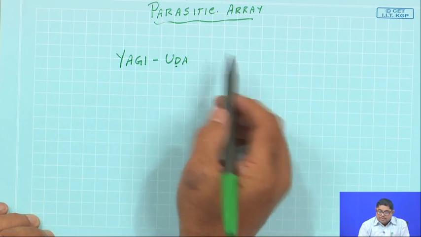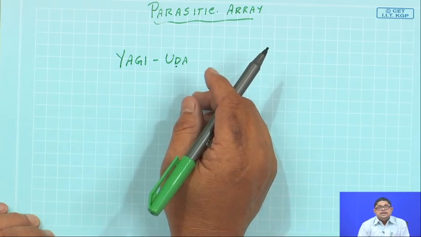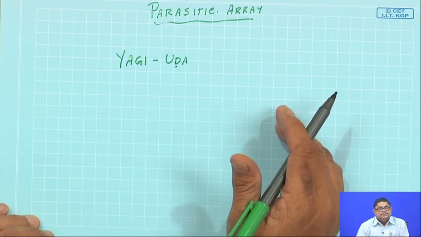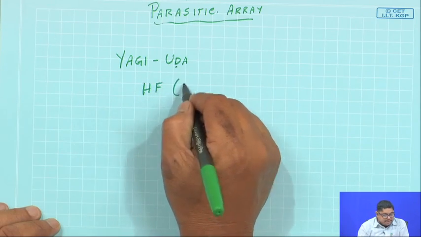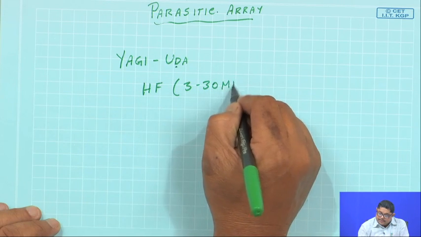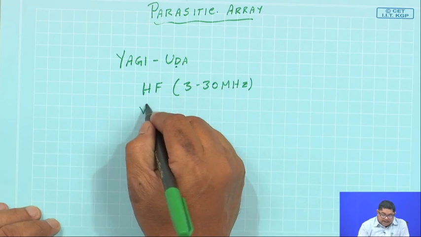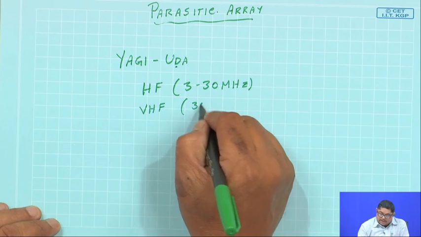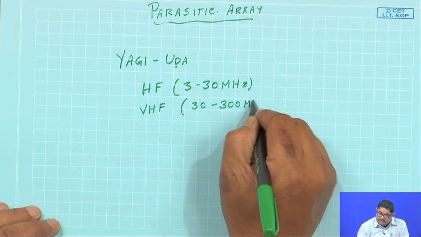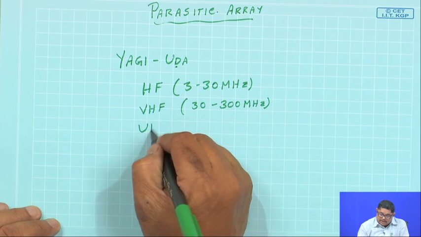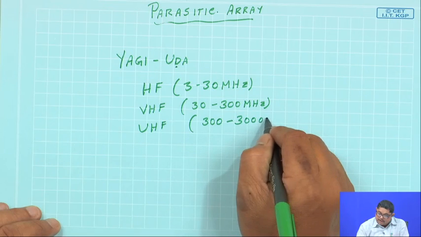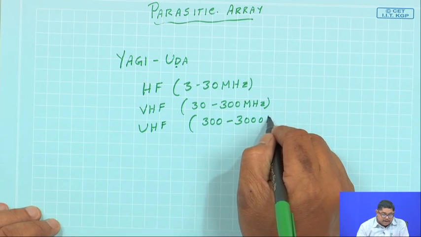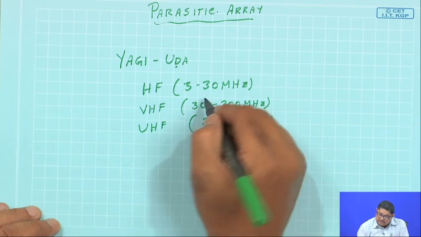They found one such parasitic array, which is used almost everywhere for HF, that is 3 to 30 megahertz, then VHF, 30 to 300 megahertz, and UHF, 300 to 3000 megahertz.